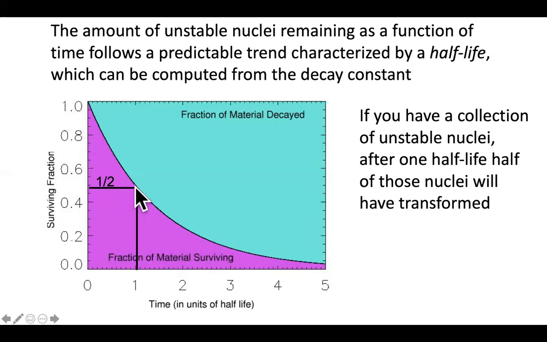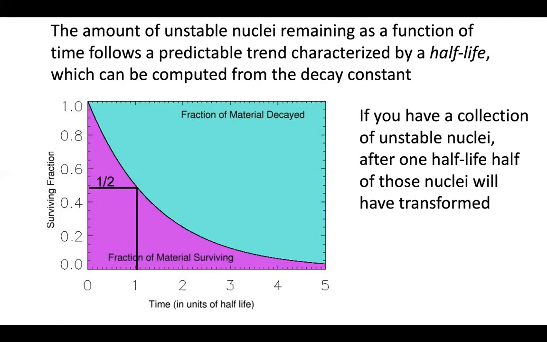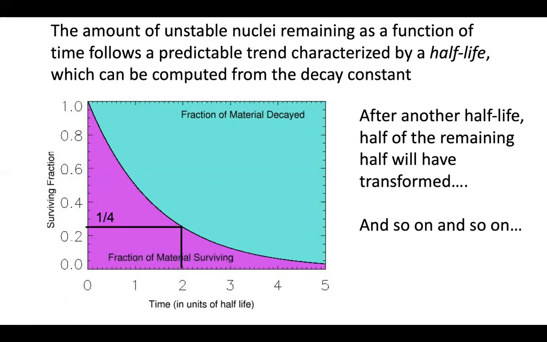But what you'll notice here is once half of it has decayed, we have another sample. We have the half of the material that has not decayed. Half of that remaining half decays over the next half-life. So as we go from 1 half-life to 2 half-lives, the fraction of material surviving goes from a half to a quarter, or half of the remaining half.